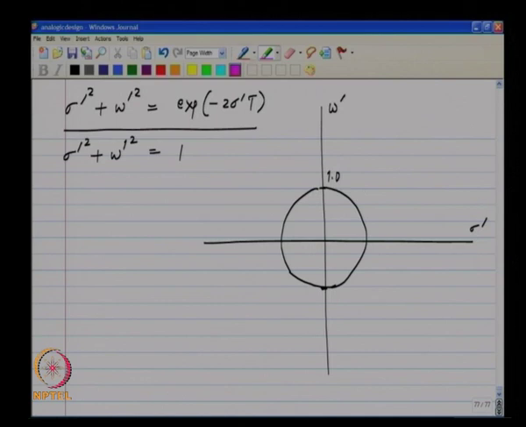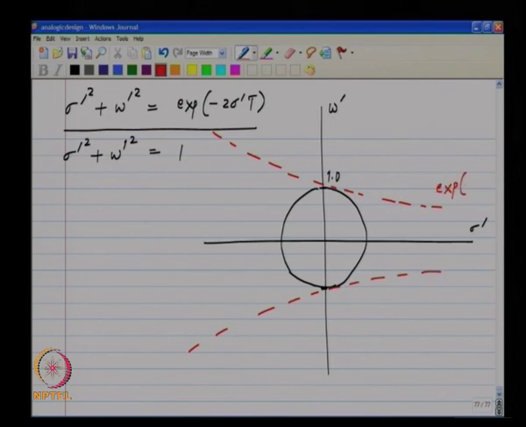Okay. And to get a feel for this, I will plot exponential of minus 2 sigma prime tau for some arbitrary value of tau.